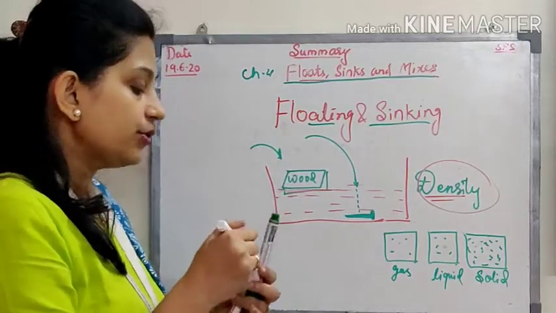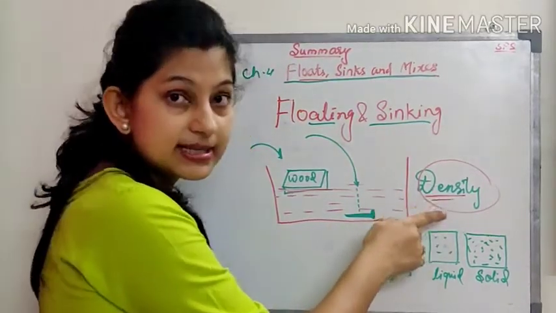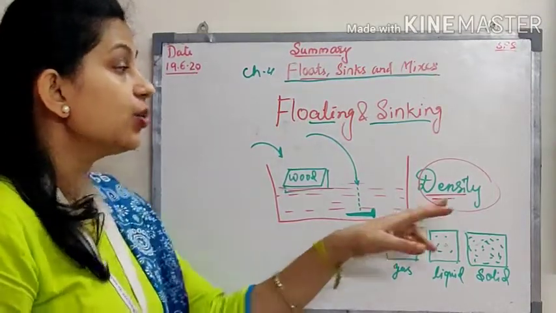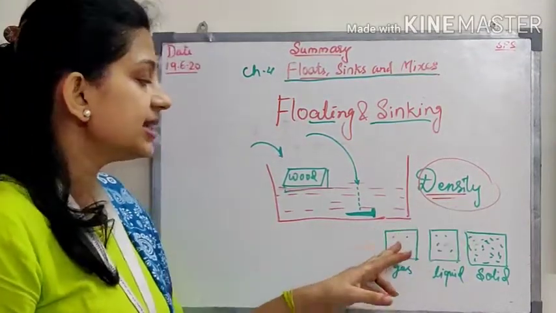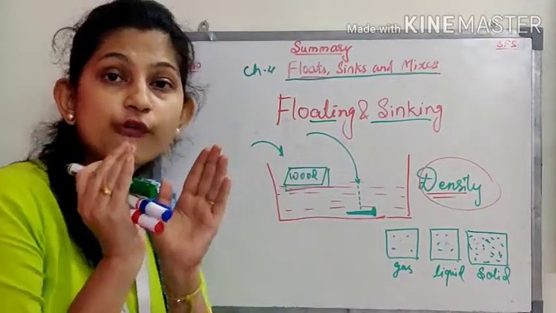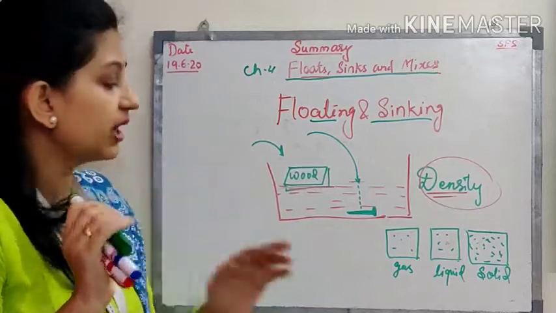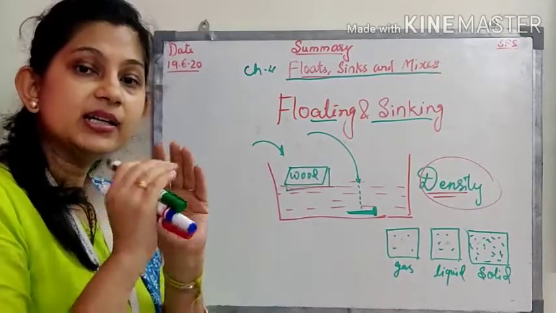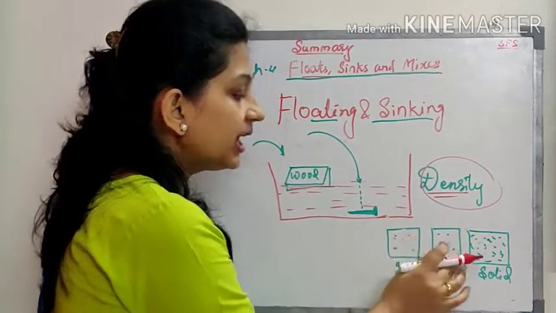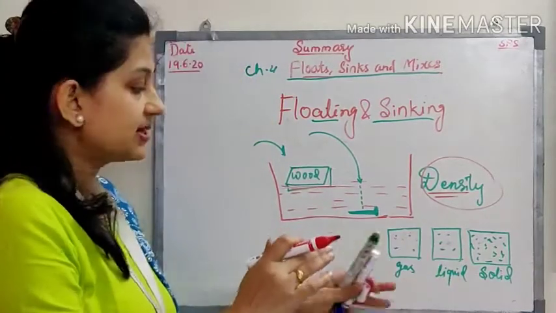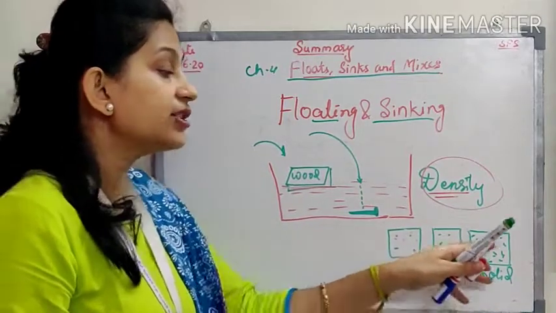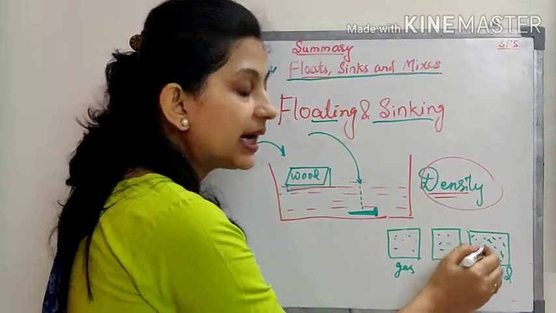Got it? Now you will ask, ma'am, what is this density? I have described it, and I hope all of you remember that very nicely. Density in a very simple manner means the packing of the particles in matter. In gas, the particles are very loosely packed, so they can move here and there. In liquid, there is a little bit less space as compared to gas. And in solid, the particles are very tightly packed.